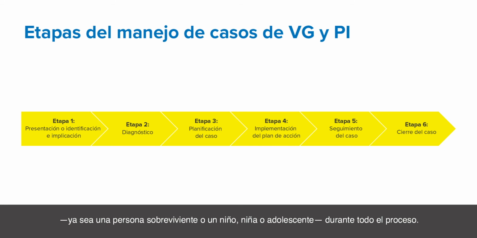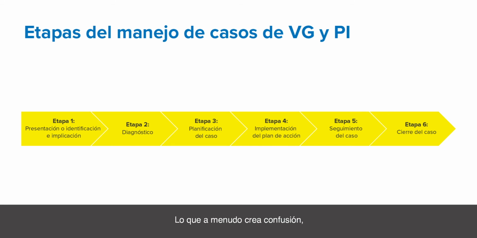Where we oftentimes get into some confusion, both internally with our colleagues and externally with other actors, is that we also use the term case management for a different purpose. What we've just reviewed, steps 1 through 6 and the overall purpose of giving this continuity of care, is specifically for gender-based violence and child protection case management.